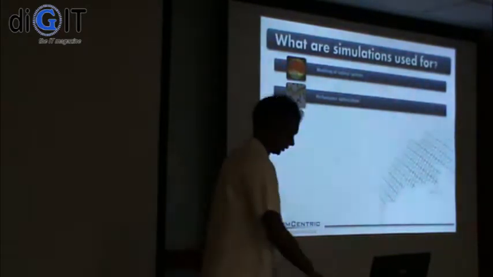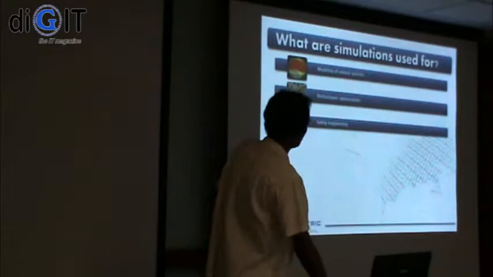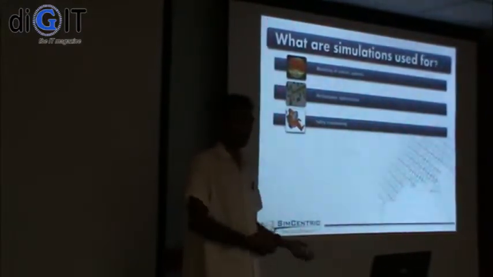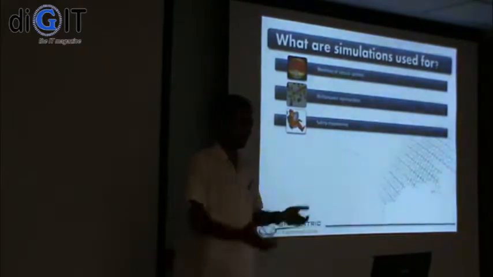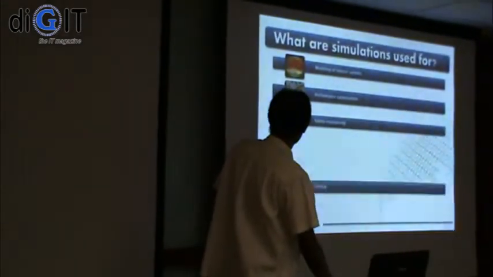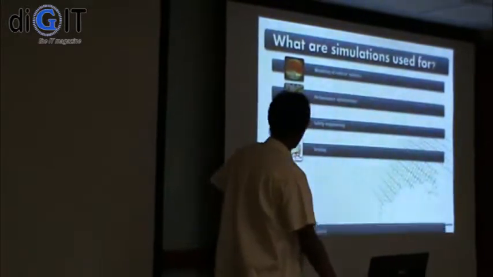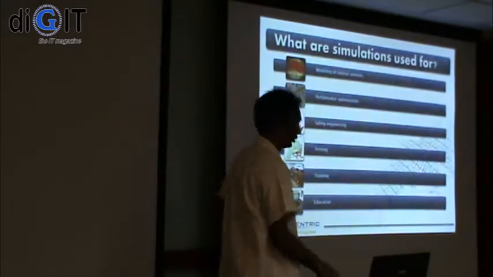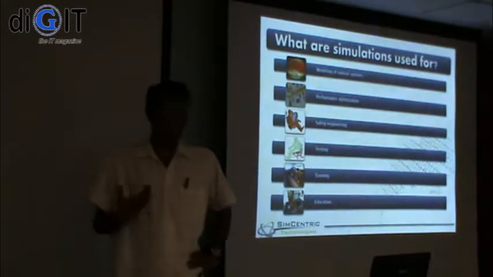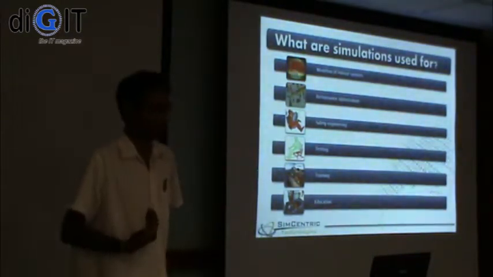I'll show you some examples. You can do safety engineering: making a building safer, a car safer, a road or a junction safer. You can do testing, training, and a lot of education, and that's what I'm mainly going to talk about: how simulations are used for training purposes.